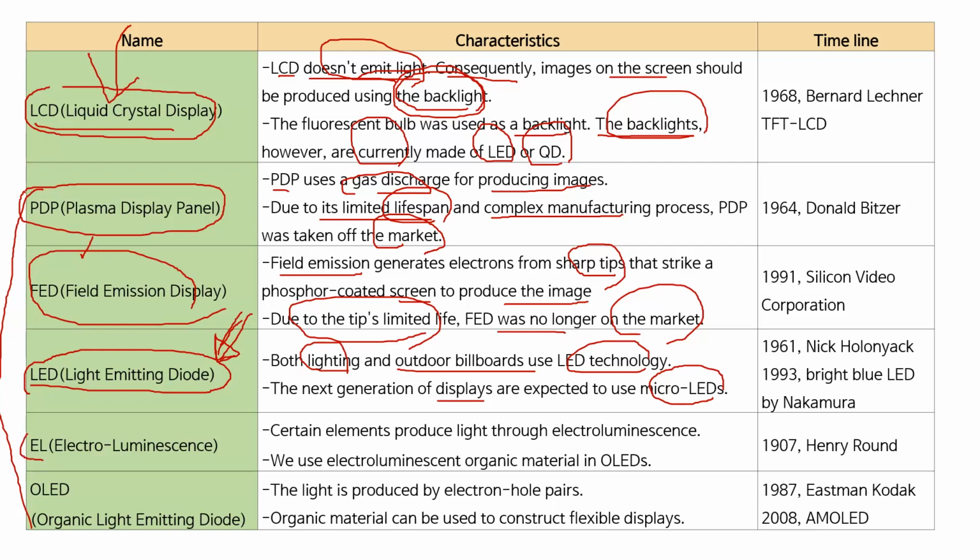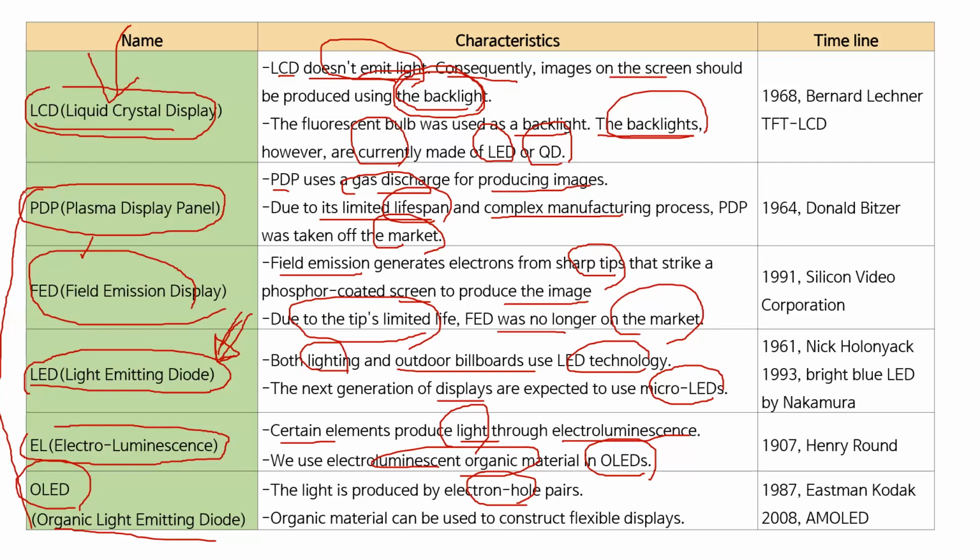Next one is electroluminescence device. Certain elements produce light through electroluminescence. We use electroluminescent organic material in OLEDs. So OLEDs are widely used now for smartphone display. So OLED, organic light emitting diode. The light is produced by electron-hole pairs.